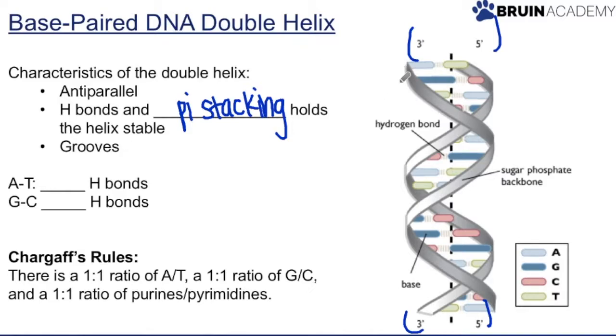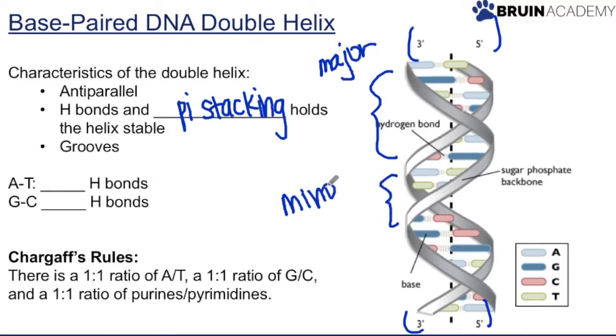And then we have the major and minor grooves. So here is a major groove, and then here is a minor groove, just something to do with the structure of the molecule. It's smaller here, between this one, which is bigger. Another really important thing to know is how many hydrogen bonds are formed between the bases.